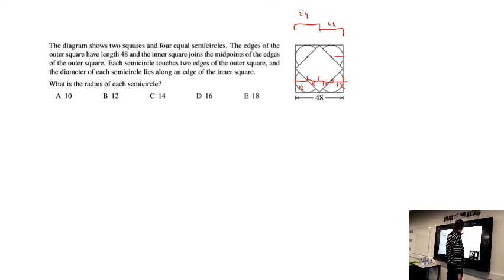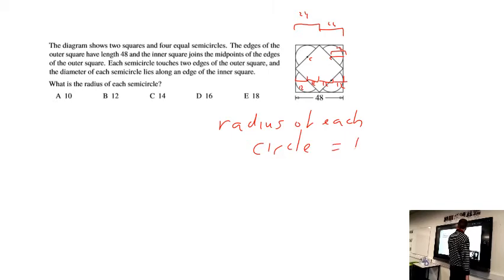This is the center point here. It's the midpoint. Center of the circle. Okay, this is also the center of the circle. We've also seen that this is equal to 12. So this is a radius. So the radius of each circle is equal to 12.